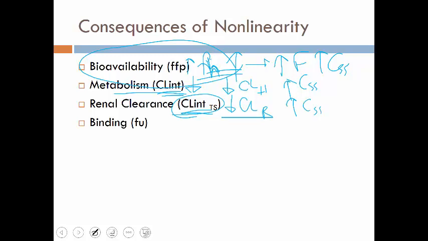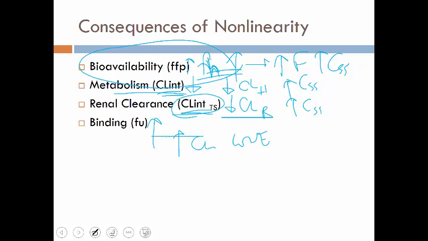If you have fraction unbound in plasma that is nonlinear, you're overwhelming those plasma protein binding sites, you're going to see an increase in the fraction unbound, aren't you? So you would see an increase in clearance for a low E drug that is cleared by the liver because it's dependent upon the fraction that is free.